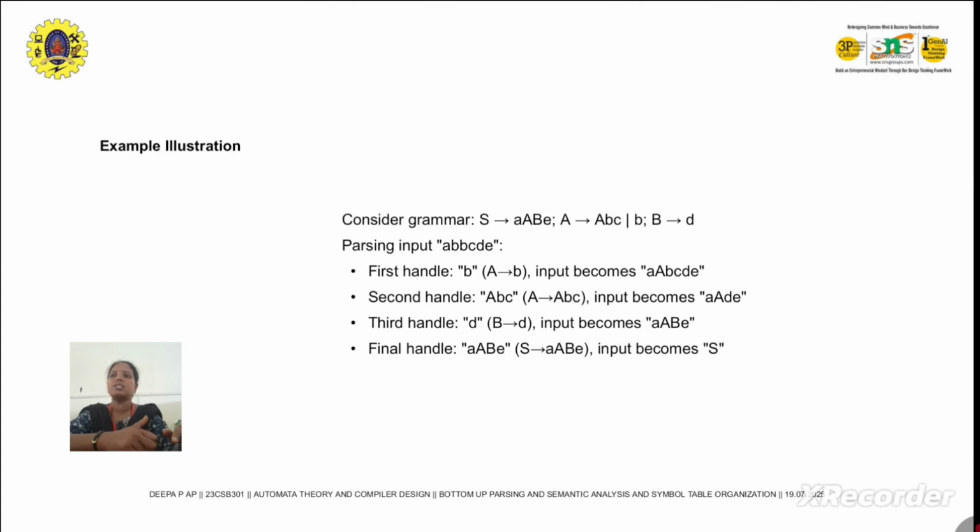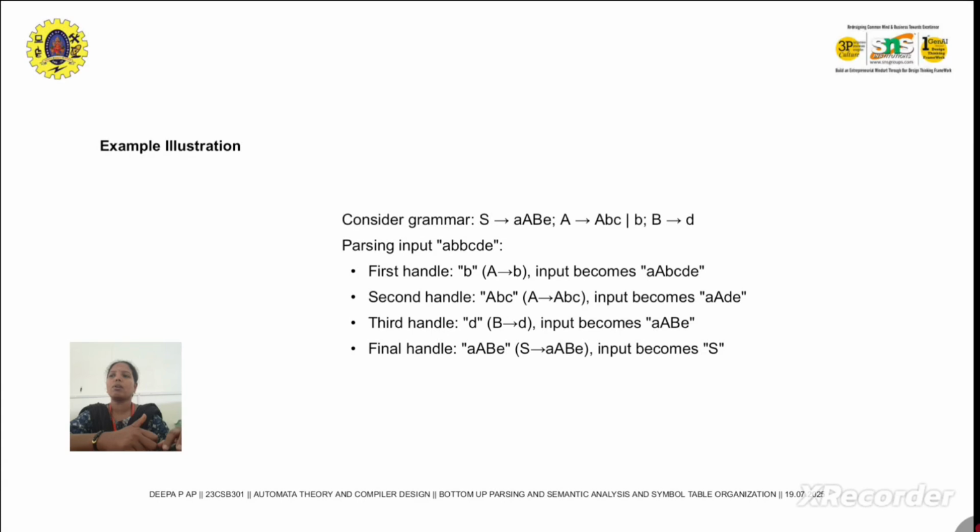Finally, the entire string is reduced to S using the production S produces aBd. Now the input becomes the start symbol, so parsing is successful. This complete process is called handle pruning because we are continuously pruning or reducing handles from the input string.